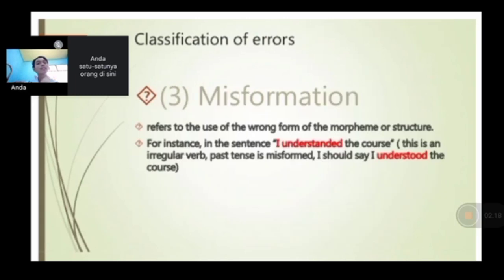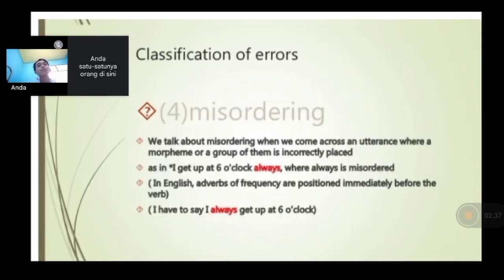So next, misformation refers to the use of the wrong form of morpheme and structure. For instance, in the sentence "I understand the course", this is an irregular verb and the past tense is misformed. I should say "I understood", not "I understand it". And the last one is misordering.